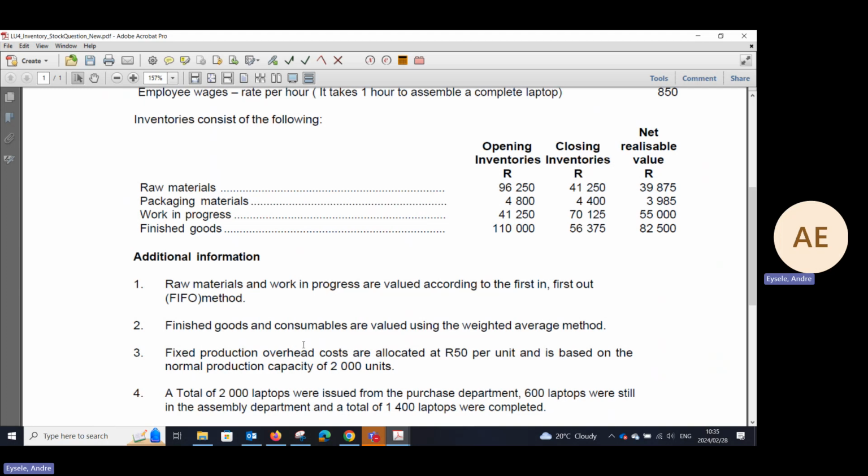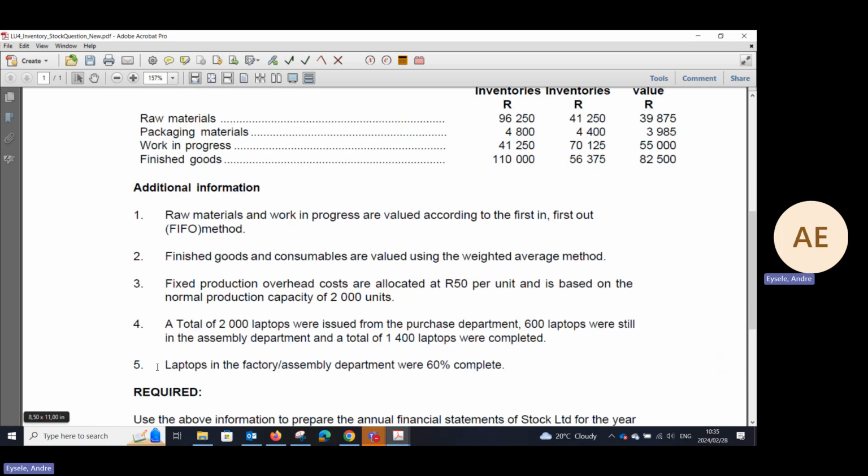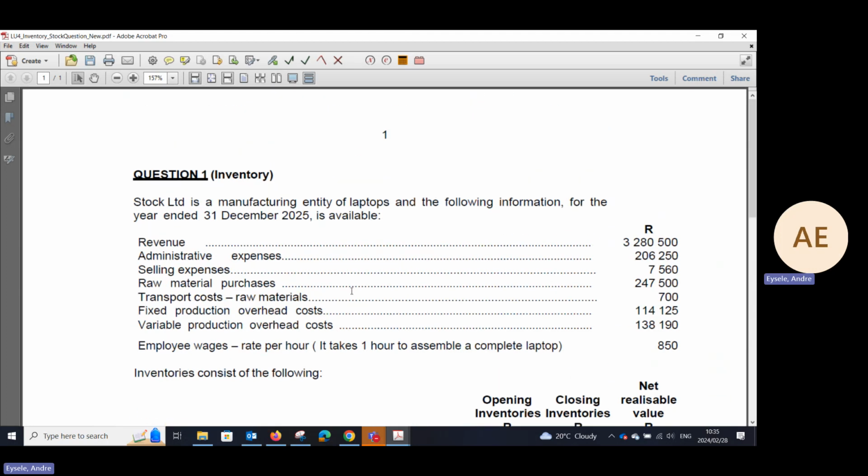But let's work through this question that deals specifically with these items, and we've also thrown in a curveball for you, where certain items are only 60% complete that have been issued from the purchase department. So in this scenario, Stock is a manufacturing entity of laptops, and the following information for the year ended is given to you.